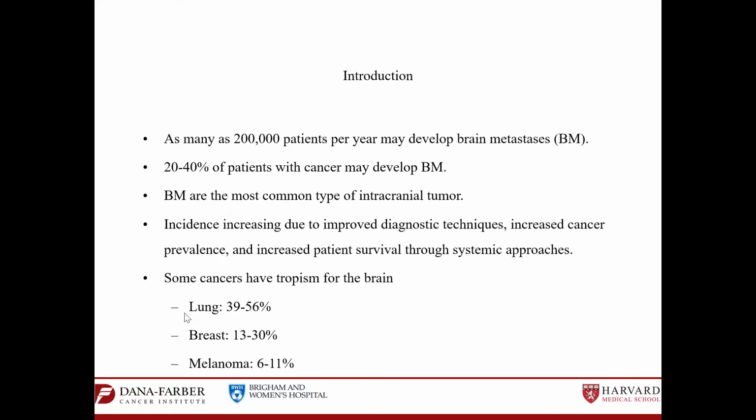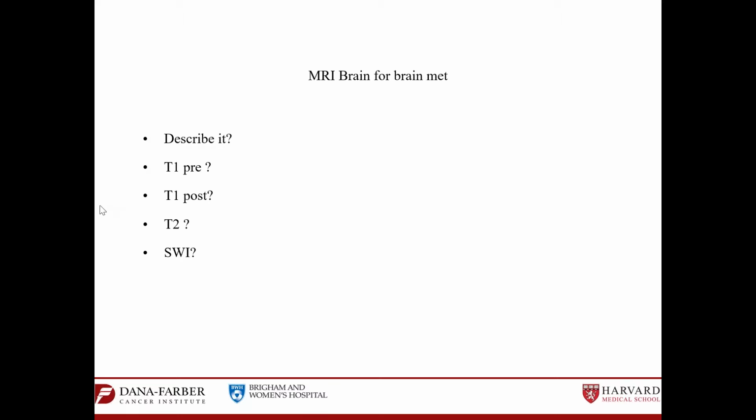As you all know, lung primaries are the most common contributor to brain mets, in around 60% of cases, followed by breast and melanoma. Now, the best diagnostic tool to look at brain metastasis is MRI brain. We have many sequences in the MRI brain, but can anyone tell me which is the best to look at for brain metastasis?